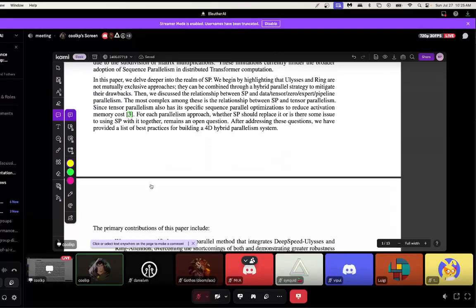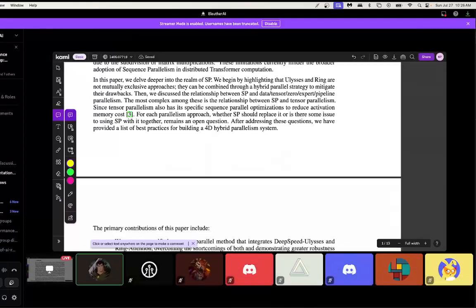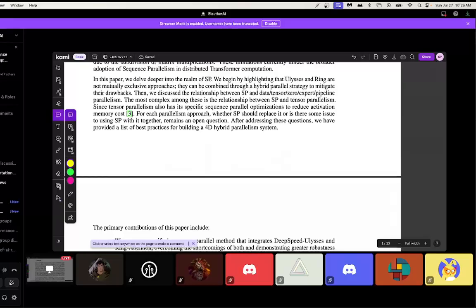Most complex among these is the relationship between SP and tensor parallelism. Yes, that's highlighted by multiple papers we've seen, async TP and SP, and the DeepSeek schedules, where these two are frequently combined, and they are exclusive in zones of the layer, in layers of the transformer block.